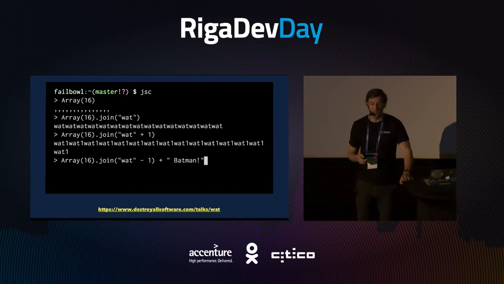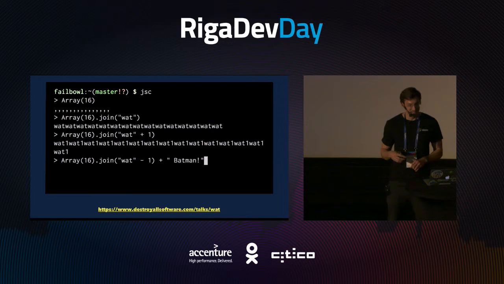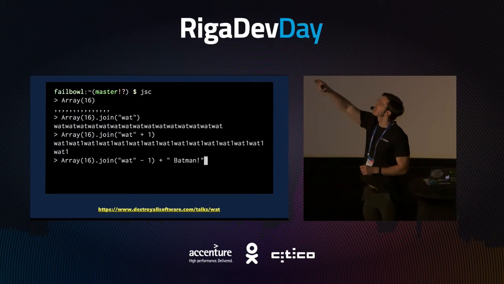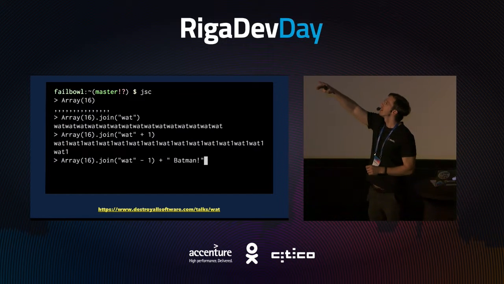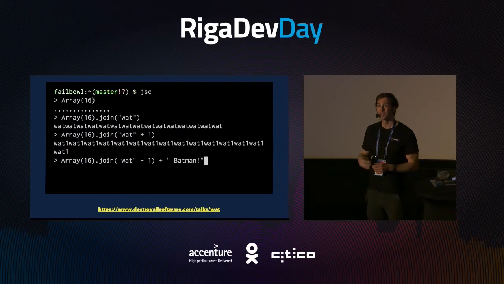Exactly. So there is this very nice talk by Gary Bernhardt, where at the beginning he has an array. 16 is like 16 commas. Then he joins 16 times what together. Then he adds +1, and plus is overloaded. So it's either the addition of two numbers, or it's a string concatenation.